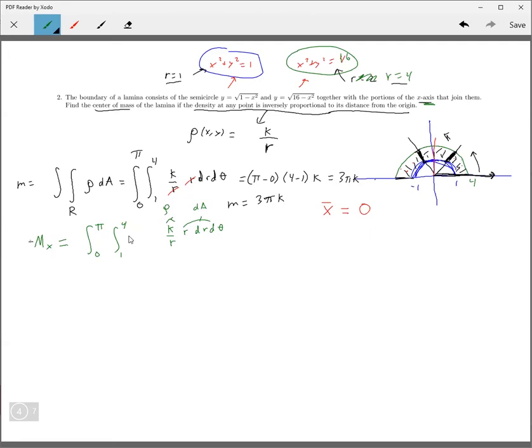But y is r sine theta. So that's our y part.